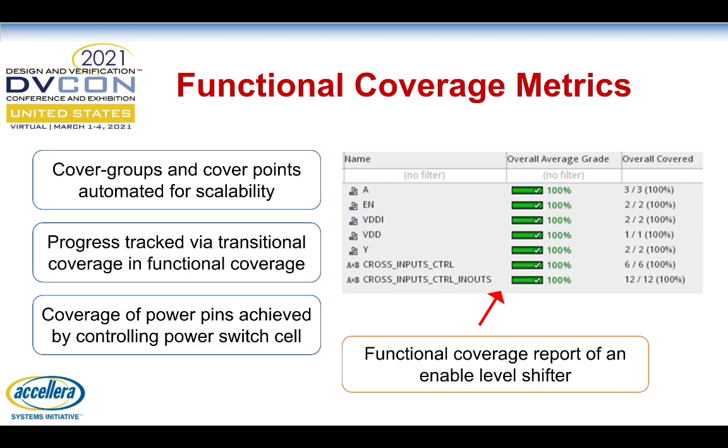The coverage of complex scenarios can be tracked by having transitional coverage for the same in the functional coverage. Coverage of the power pins can be achieved by controlling the switch cell, which in turn controls the input power pin of the cell. Here is a sample report of functional coverage for an enable level shifter.